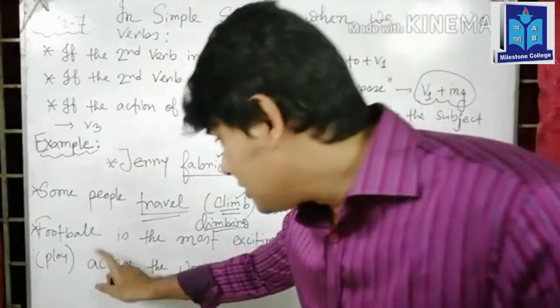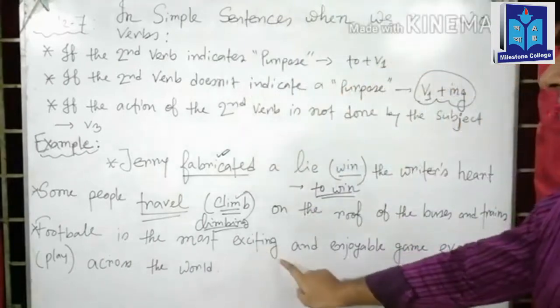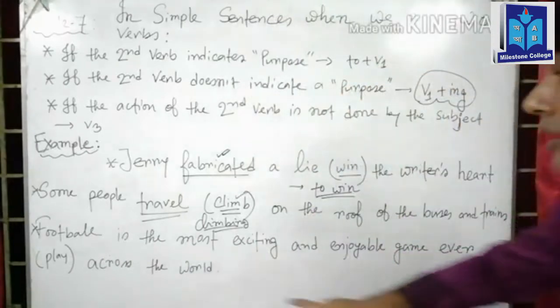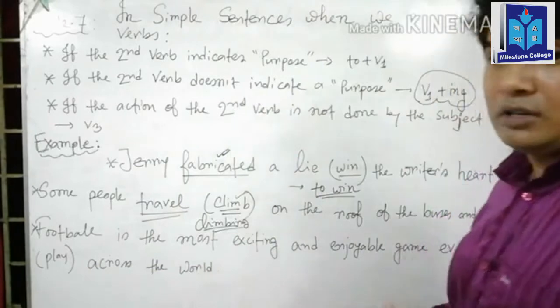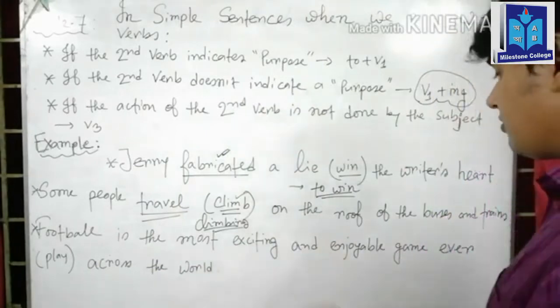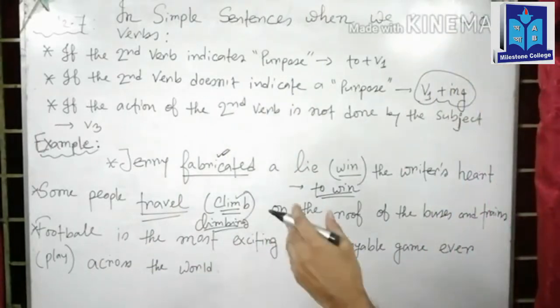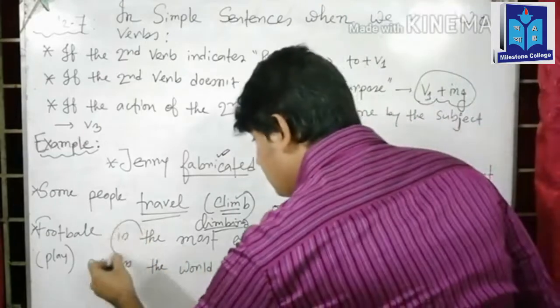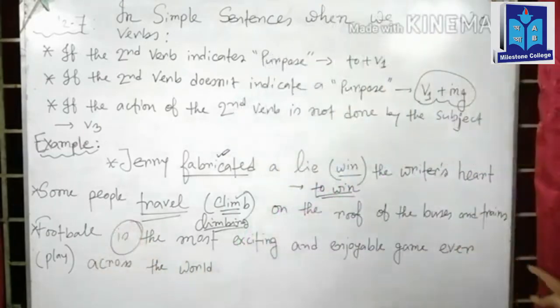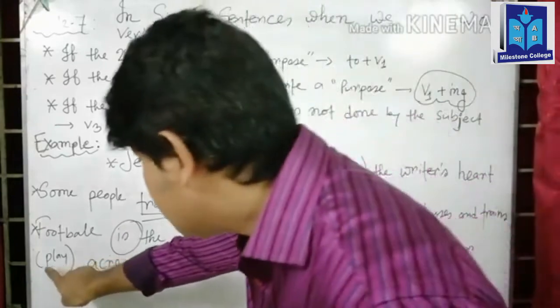Now we'll go for the third one. Football is the most exciting and enjoyable game ever played across the world. Here the first verb is is, and the next verb is play.